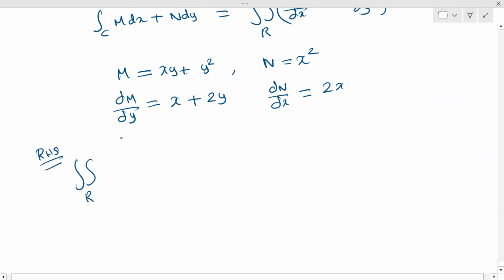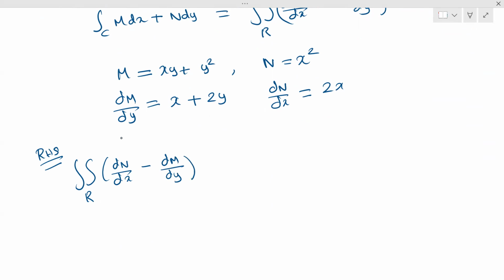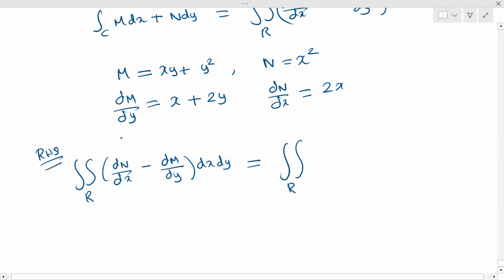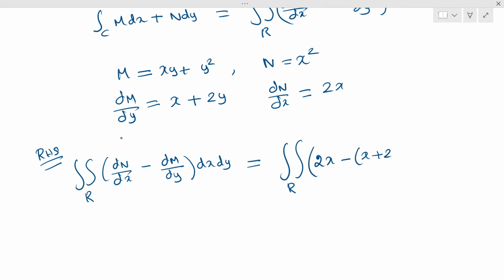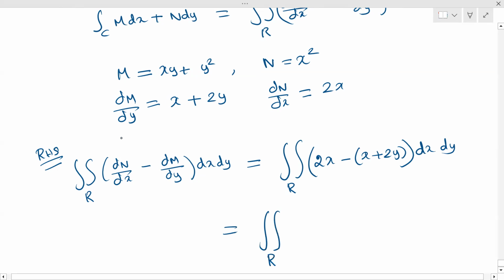Double integral over R of dou N by dou x minus dou M by dou y dx dy, which is equal to double integral over R of 2x minus (x plus 2y) dx dy, which is equal to double integral over R of x minus 2y dx dy.